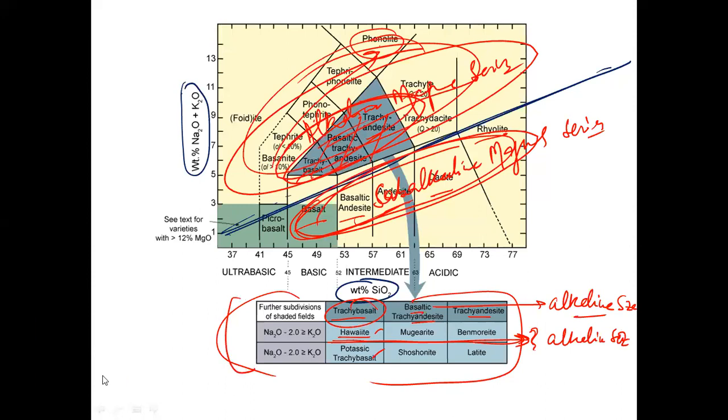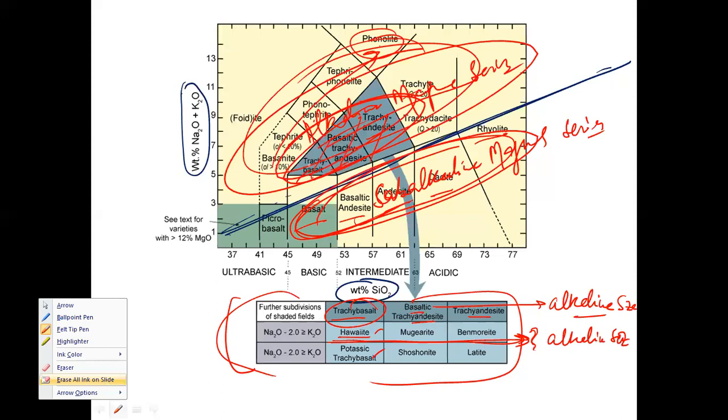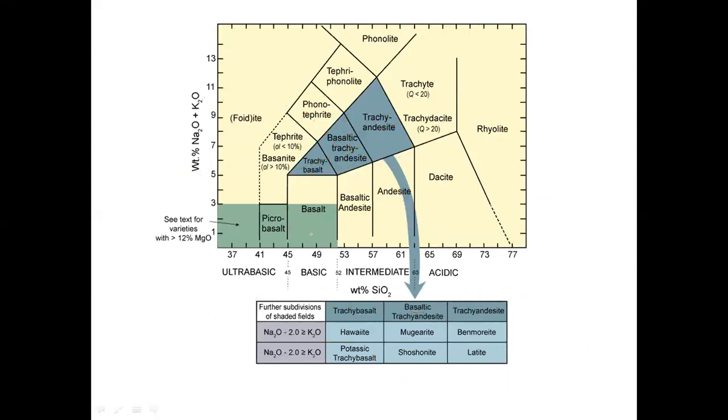Let me see, this is your shaded area. So this is one series, and this is another series in which you have trachybasalt, basaltic trachyandesite, and trachyte. See, your major rock is rhyolite here, your major rock is trachyte here. Your trachyte and dacite, when combined together, create trachydacite.